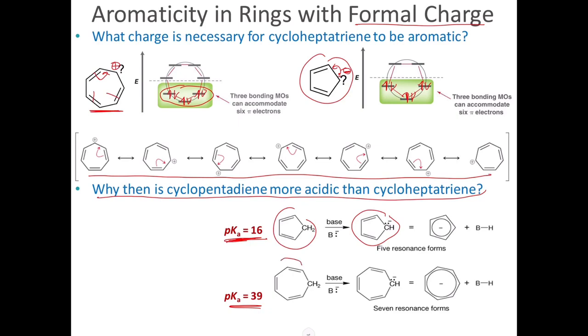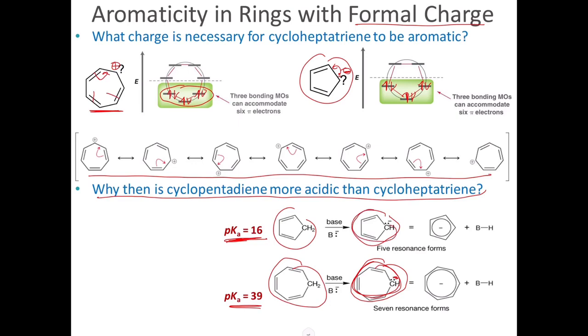When we deprotonate the cycloheptatriene, we create an anion, which is not aromatic. And we know that aromaticity plays a role in stabilizing the conjugate base. But although we do have 7 resonance structures that we can draw from here, because we're going to have a negative charge, we can also draw 5 resonance structures for the other one.